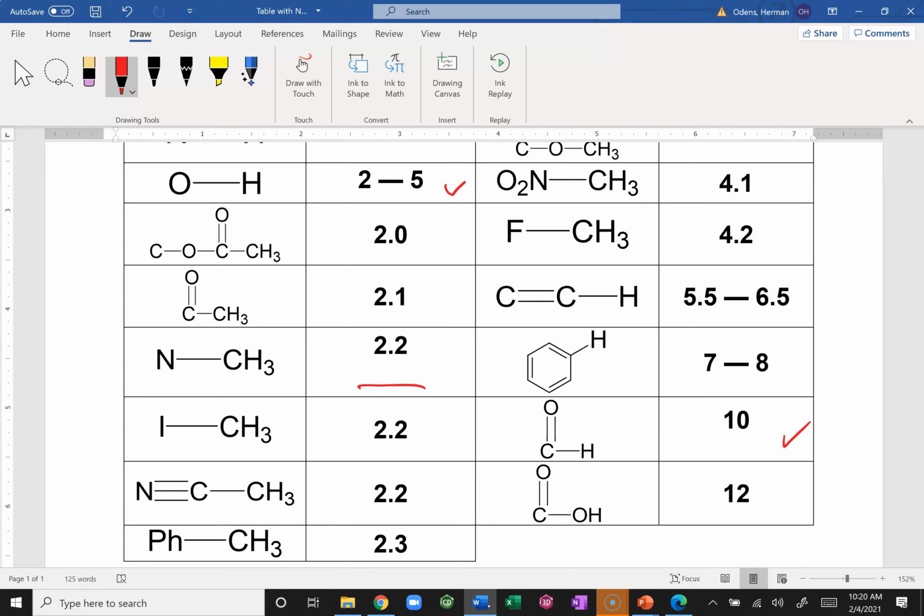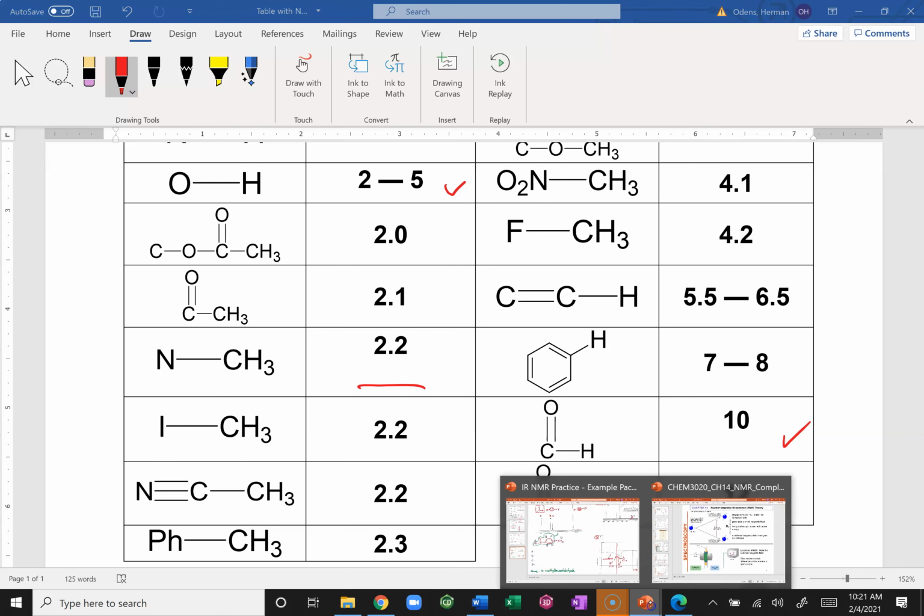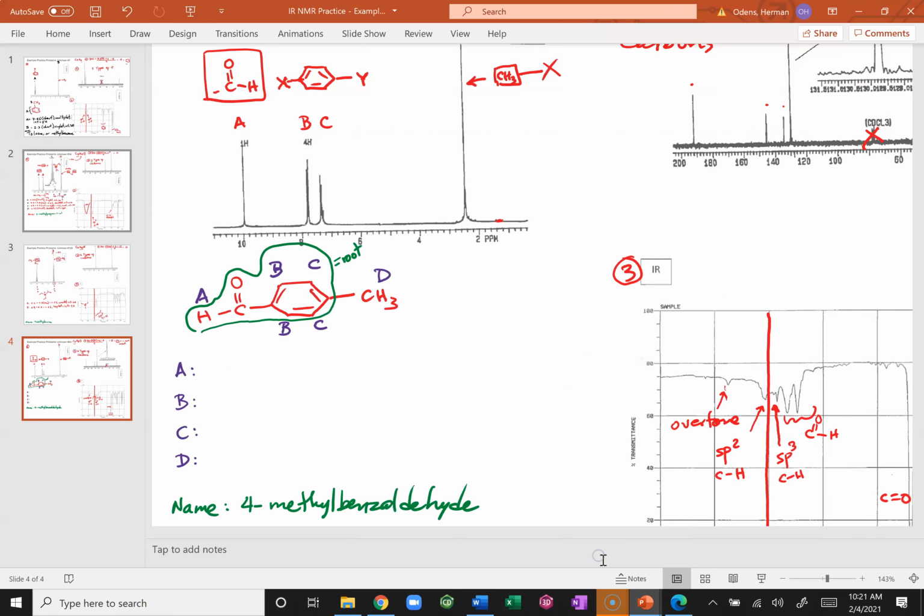I've seen it down to like 9.8 sometimes, but you can tell by the infrared that it will be a carboxylic acid. That is still easy to spot, usually around 11 to 12. Check this out, so that's the aldehyde.